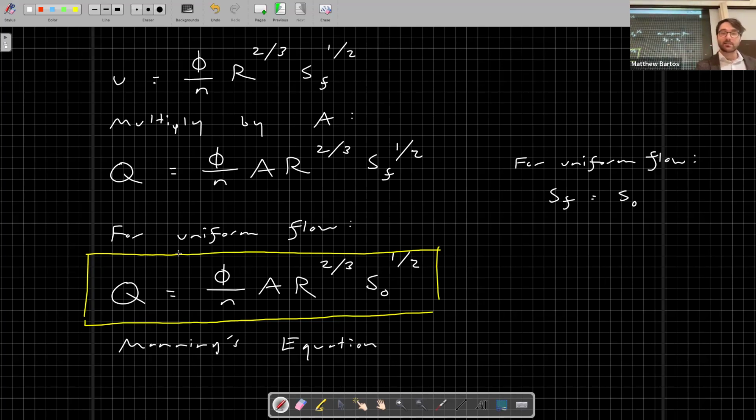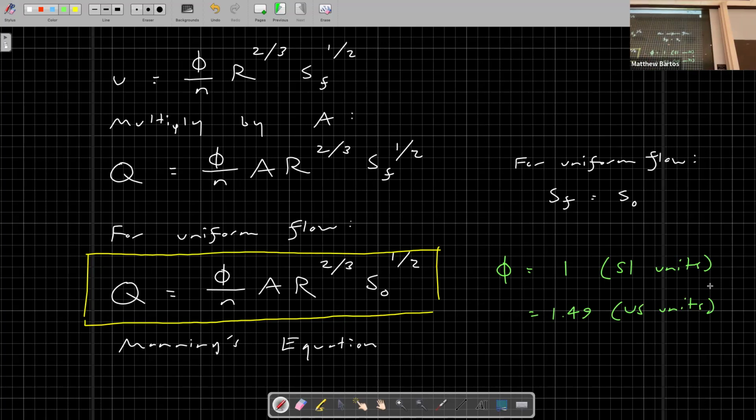So note that this phi coefficient, again, depends on your unit system. Phi is equal to 1 for SI units, and it is equal to 1.49 for US units. Now, it's important to remember that Manning's equation is not dimensionally consistent. So these coefficient values are only applicable for discharge and your dimensions in certain units.